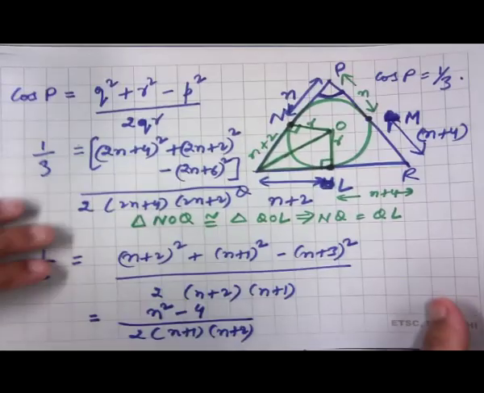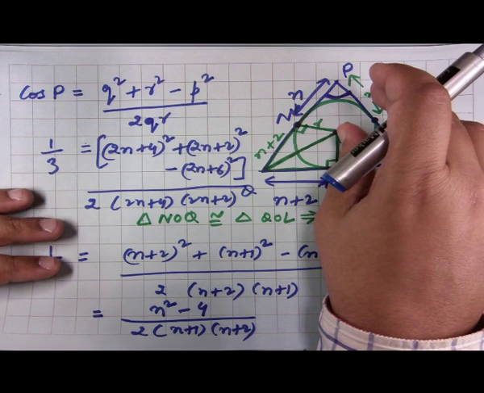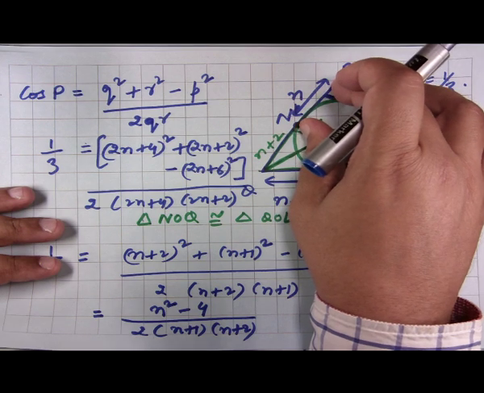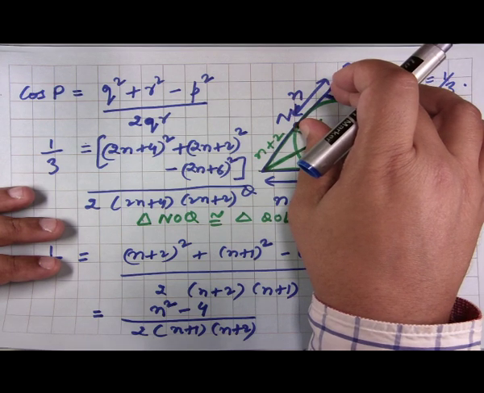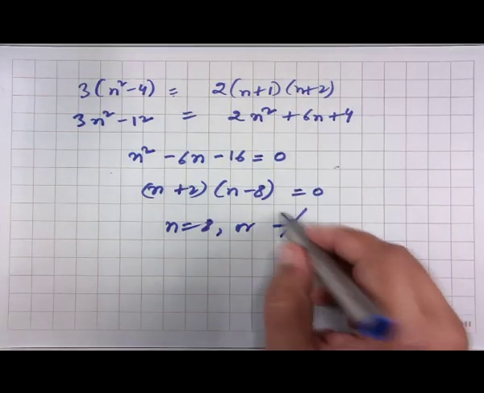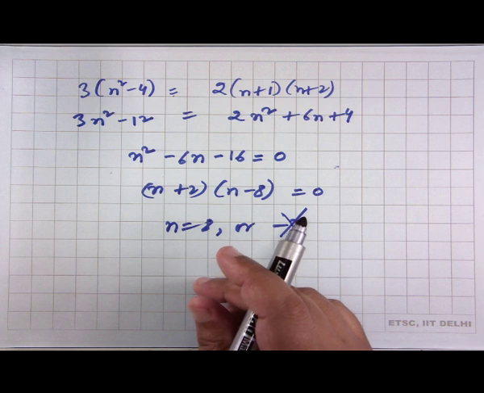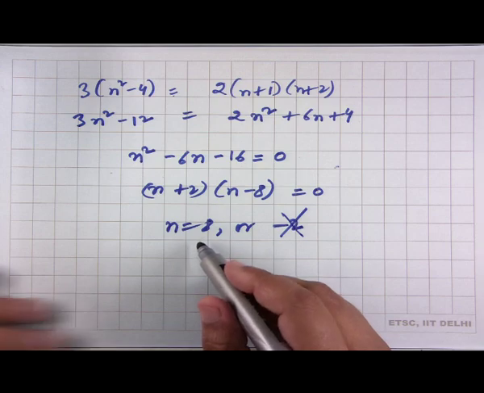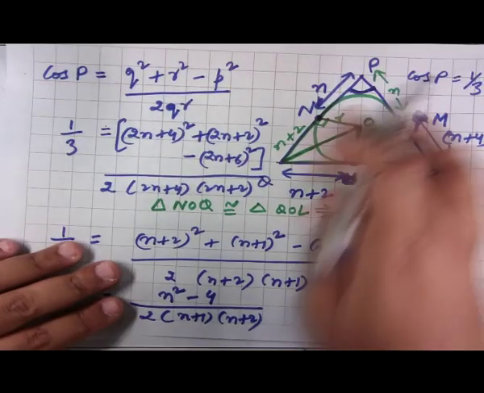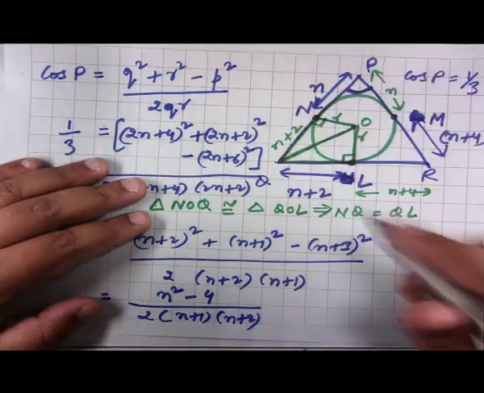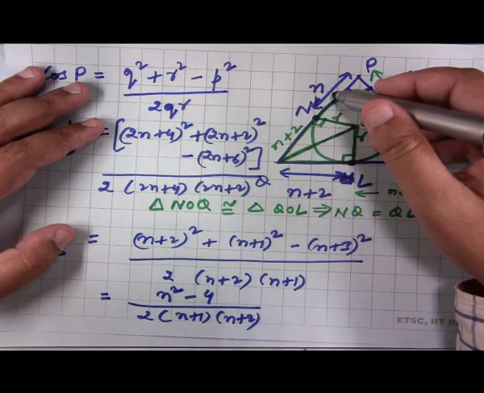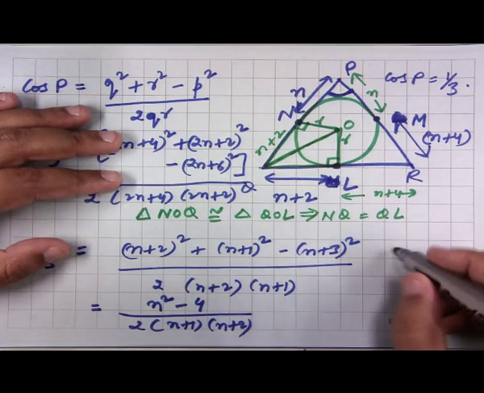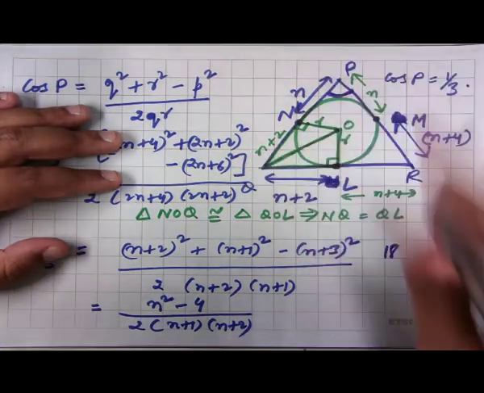But if we go back here, we see that this is equal to n, and therefore, n cannot be negative, and hence this solution is not a feasible solution. Therefore, the only possible value of n is 8, which implies that the sides of the triangle are, so 2n plus 2 is 18. So, this length is 18.